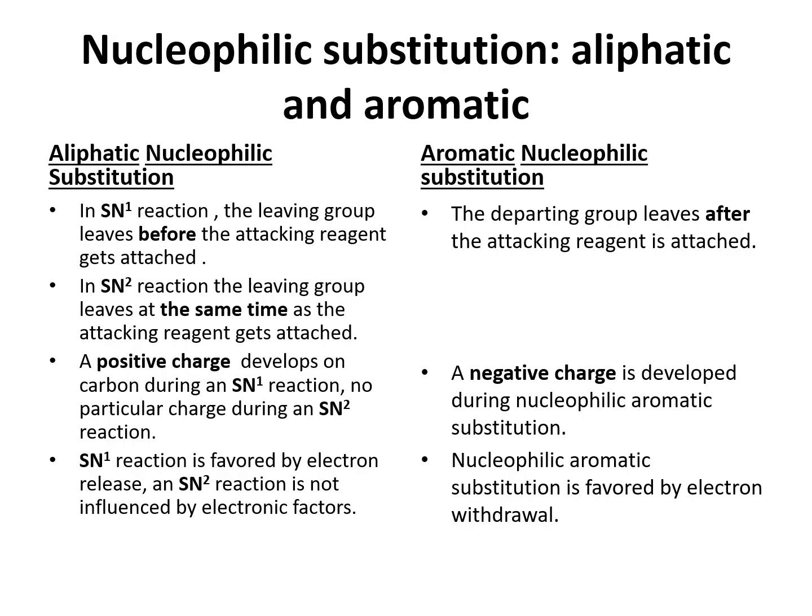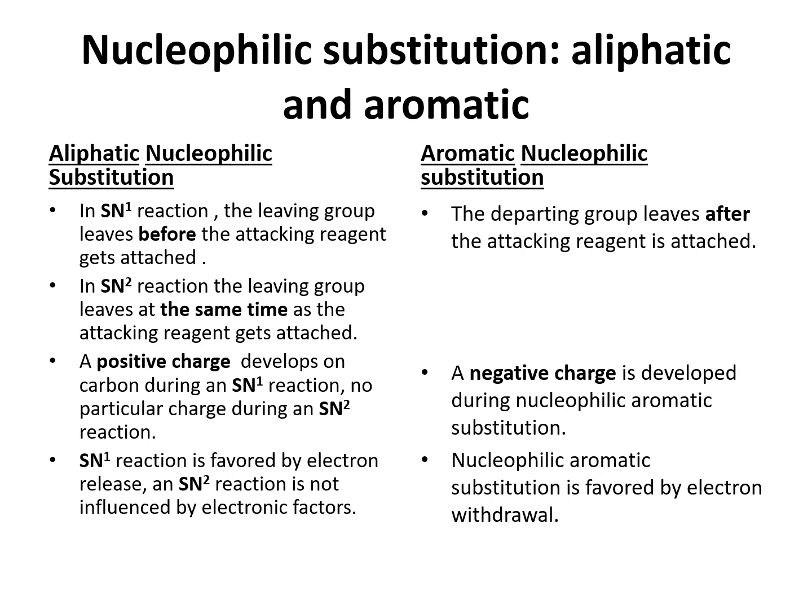But in aromatic nucleophilic substitution, the leaving group, the halide ion, leaves after the attacking reagent is attached. In SN1 reaction, a positive charge develops on the carbon, and there is no such charge during SN2 reaction.